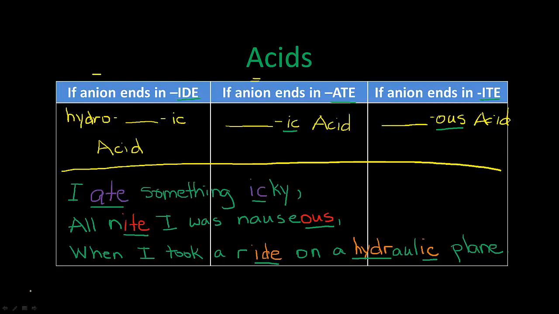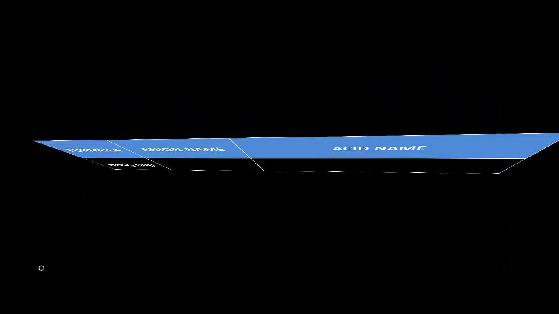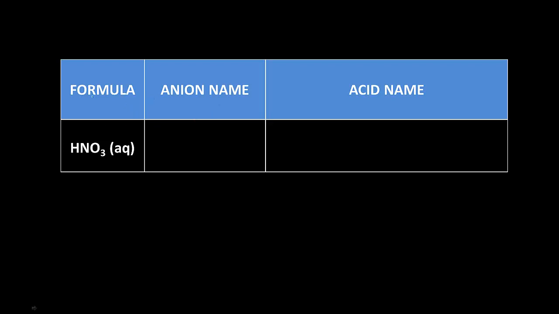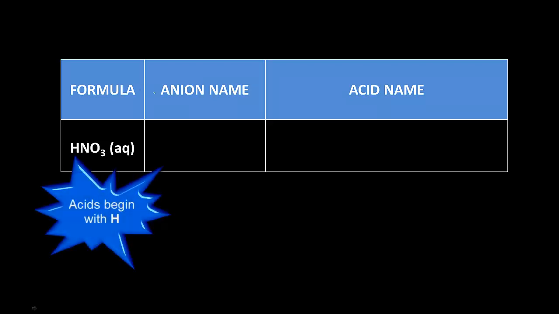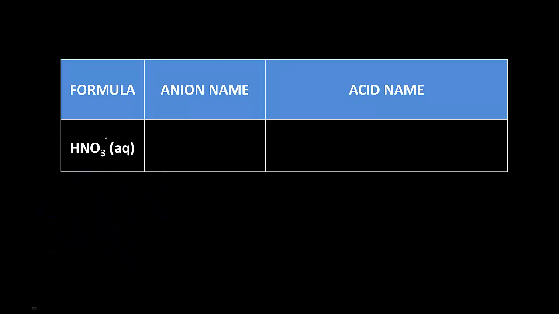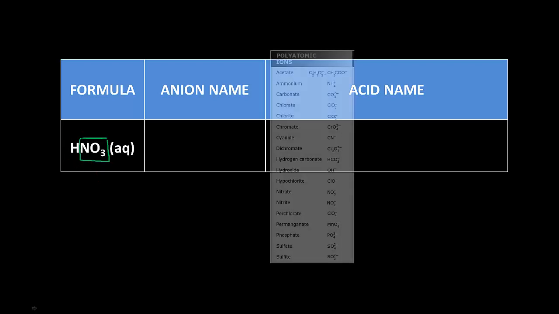So let's go through some examples. The formula is HNO3. This AQ stands for aqueous, which means it is dissolved in water. The first thing we need to do is find out what our anion name is. Remember, our anion is the negatively charged piece, which is going to be NO3, because the H has a positive charge.